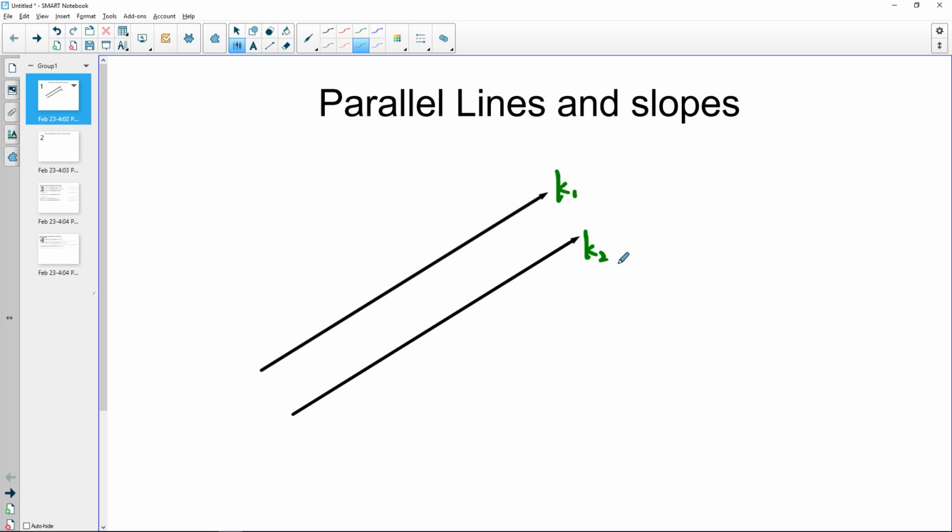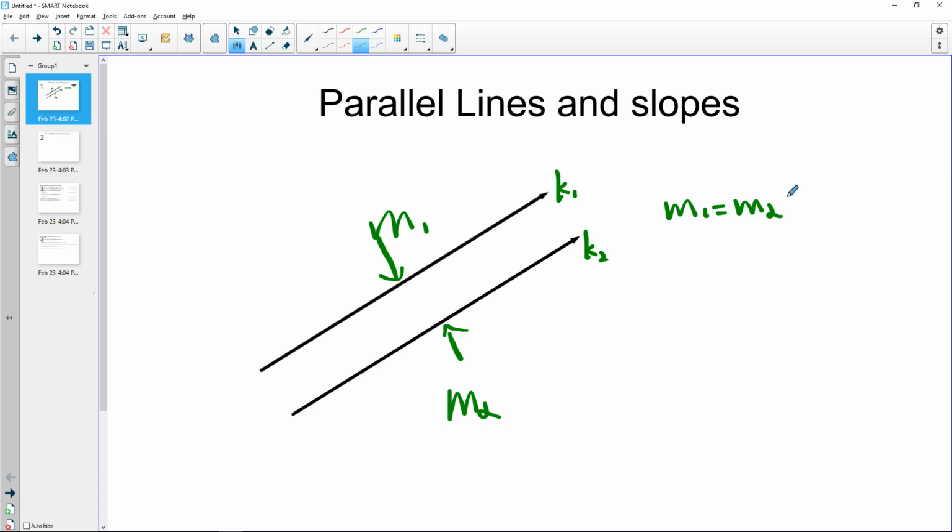The slope of K1 is M1, the slope of the other one is M2. If they are parallel, then M1 is equal to M2. Okay, if M1 is equal to M2, then they are also parallel.